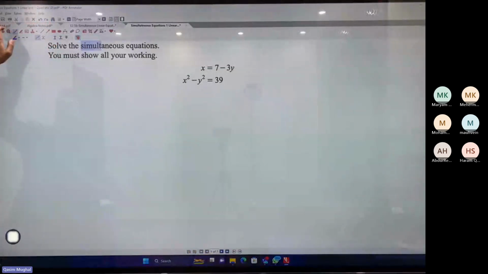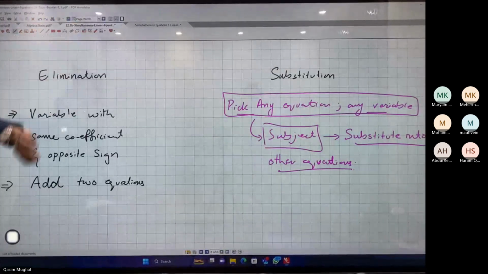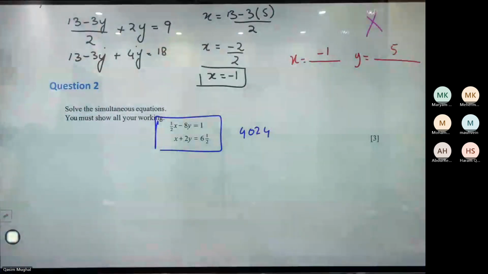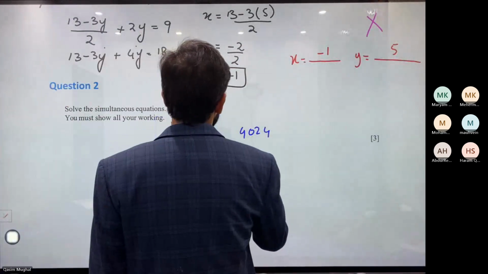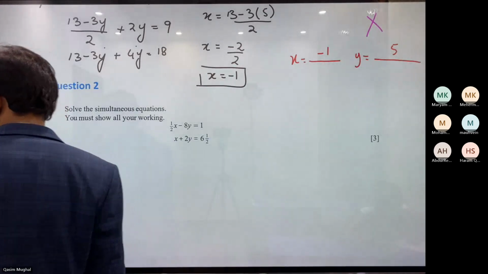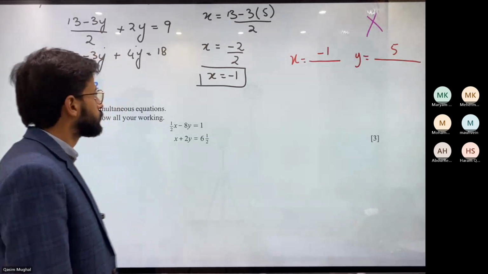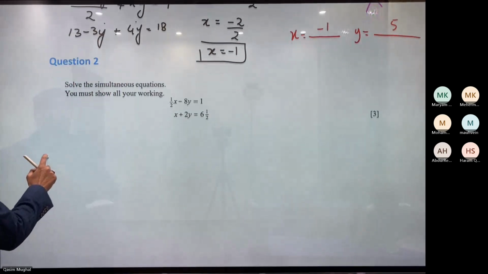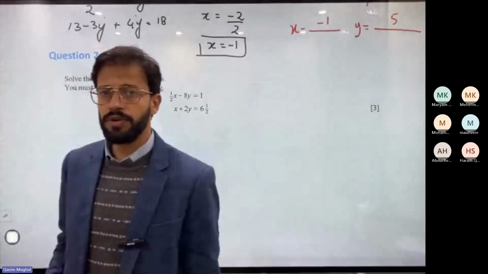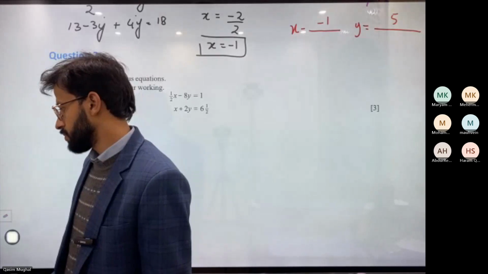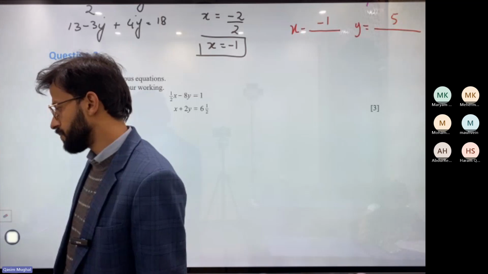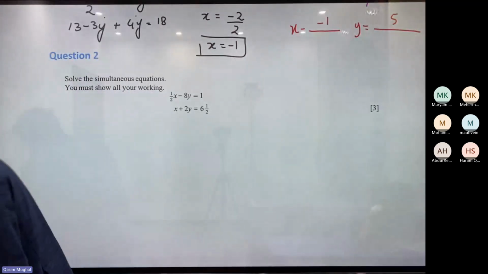चलिए जी बच्चे, अब आ जाते हैं 4024. यस, 4024. बताएं जी क्या आंसर है इसमें? कौन शेयर करेगा? नहीं हुआ? मुश्किल था ये 4024. हरम बेटे.